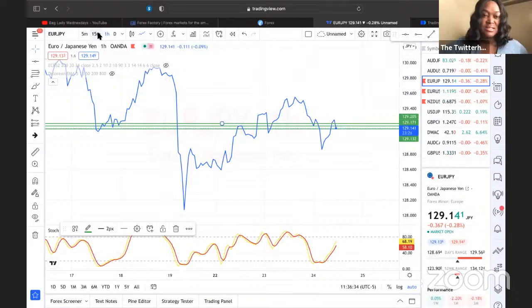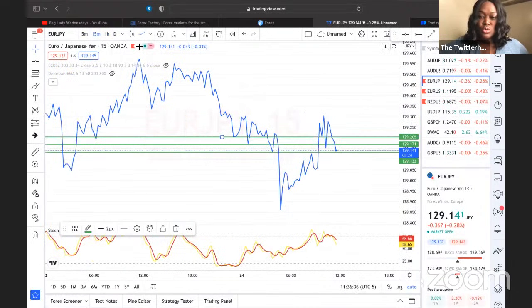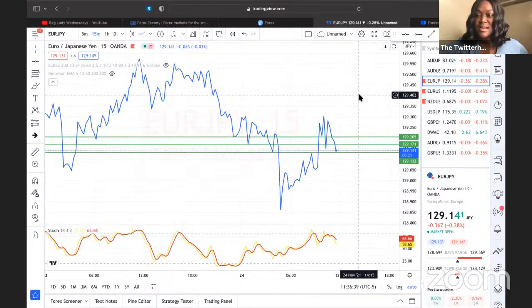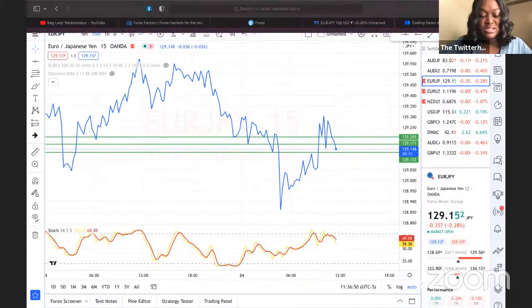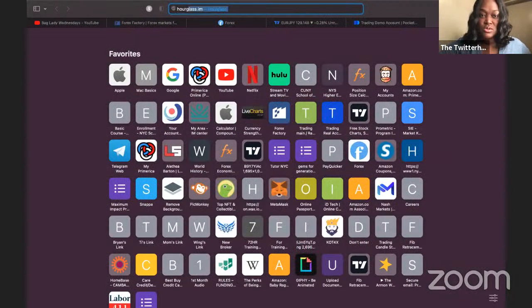So when it's like this, you want to decide which one of these prices do I really want to be looking at? So then I'll come and I'll get Hourglass, which is a software I have access to being in the academy.